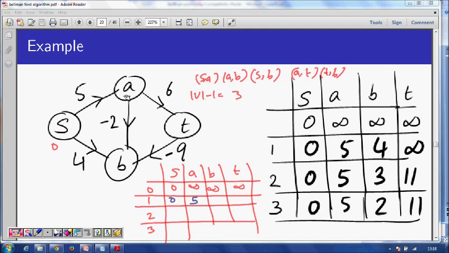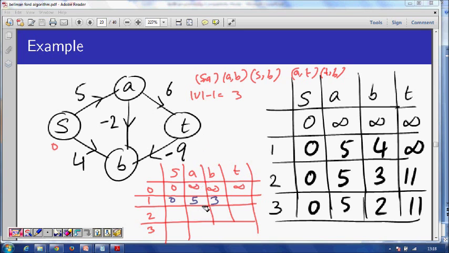Now I go to A to B. Now d of A is 5 and B is infinity, so 5 minus 2 becomes 3, and it becomes 3 here. Then we do S to B. B was 3 now, and from here 0 plus 4 is 4, so I will not update.